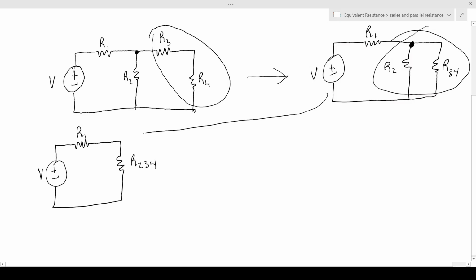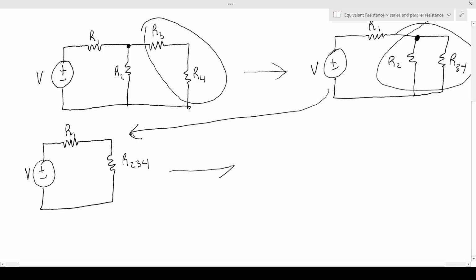So we see that the previous circuit gets simplified to this simpler circuit. But we can simplify this circuit even more by getting the equivalent resistance of R1 and R234, which we see are in series. So their equivalent resistance is just the sum.